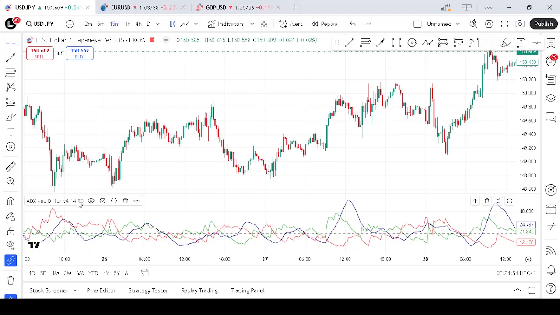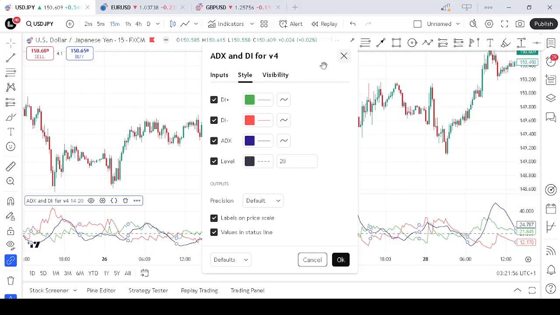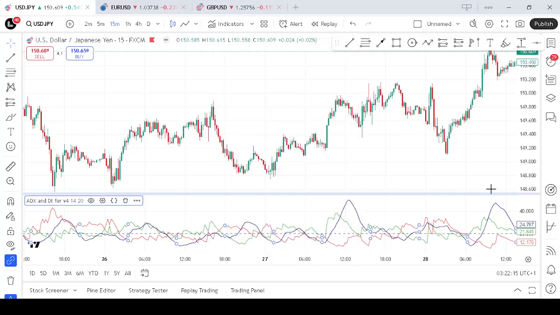Let me show you the style I'm using for this indicator. My plus DI is the green line, while my minus DI is the red line, and my ADX line is the blue line. So let's not get confused.